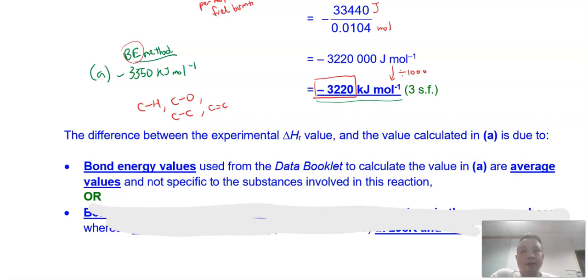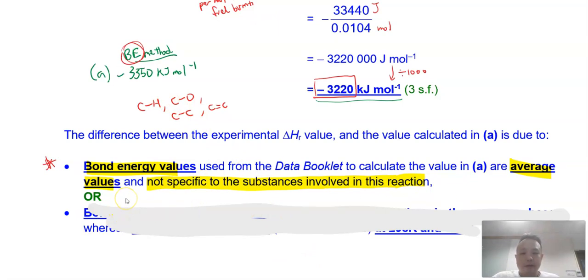So for any organic molecules with C-H bonds, C-O bonds, or C-C bonds, the values are computed, averaged out, and then reported in the data booklet. Therefore, these are average values, and not specific to the DMF in this reaction. So that's a typical explanation. Why is there a discrepancy between the calculation using the bond energy method and the actual value? Typically, we say that the bond energies are average values.